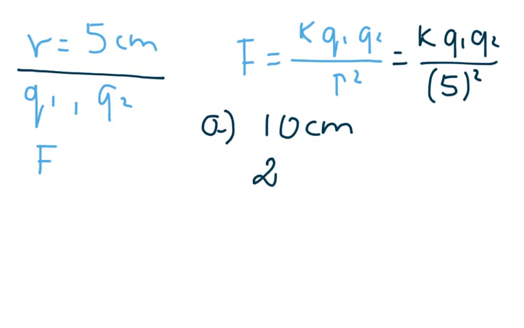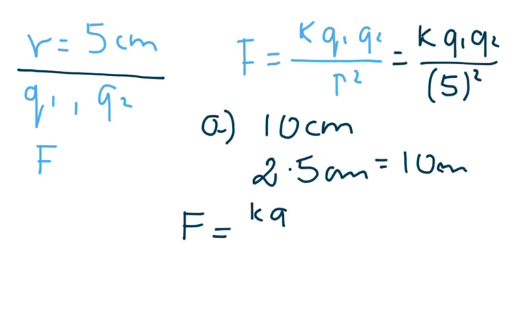So 2 times 5, the initial distance between the charges, is our 10 centimeters. That's how we're going to write it down on the bottom: the force is equal to K, which stays the same because it's a constant, divided by 2 times 5 centimeters squared.